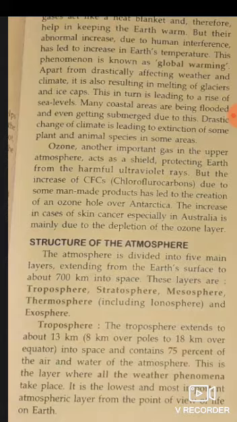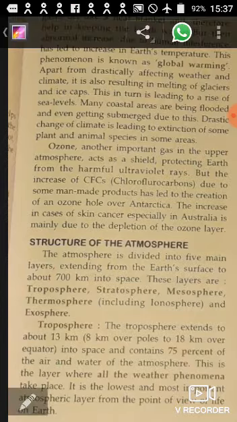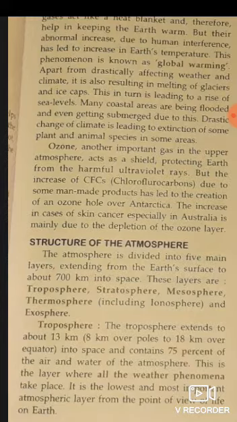First of all, troposphere. The troposphere extends to about 13 kilometers, 8 kilometers over poles and 18 kilometers over equator. Into space, the average is 13 kilometers and it contains 75% of the air and water of the atmosphere.